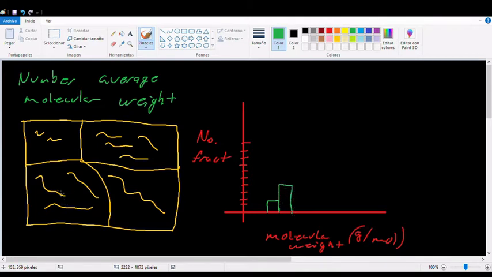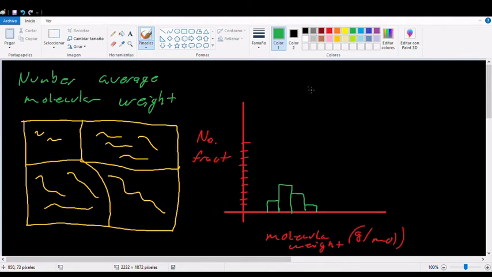Then we have 3 of these that are longer, these are 30%, so they are like this. And then the longest, that is just 1, so it's the 10%, like this. And we want to calculate the average molecular weight.